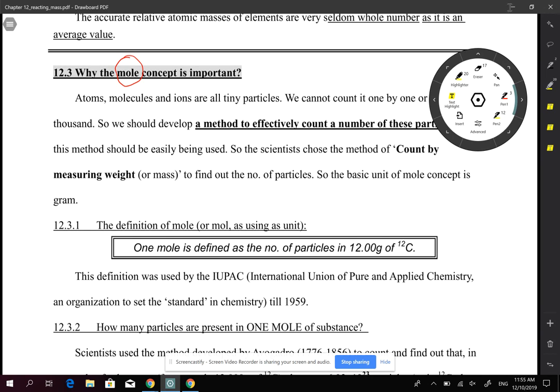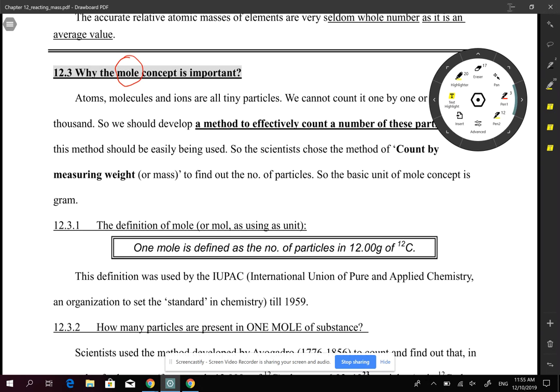is so important. Actually, because we know that atoms are very small, and for example, in 1 gram of a corresponding substance, there are so many atoms or molecules or ions.